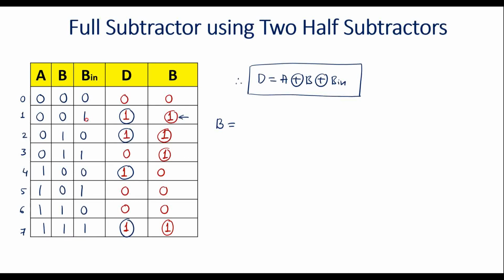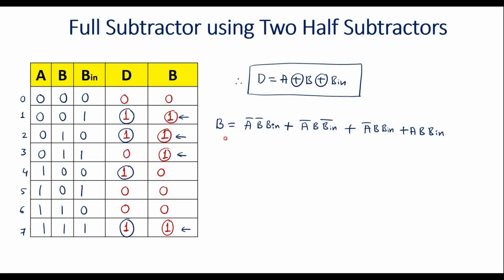So it can be represented in terms of variables as A bar B bar B in, plus here we have 1, the corresponding inputs are A bar B B in bar, plus here we have 1, that is A bar B B in, and here we have 1, that is A B B in.